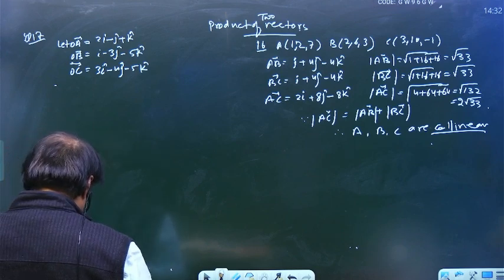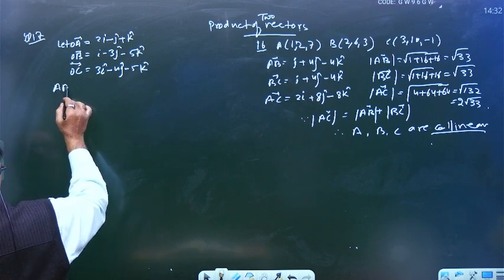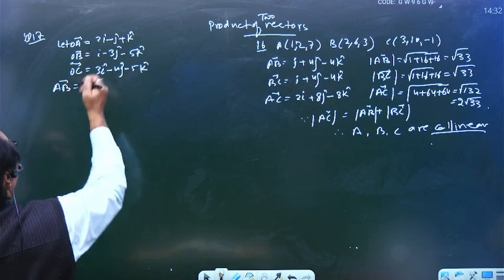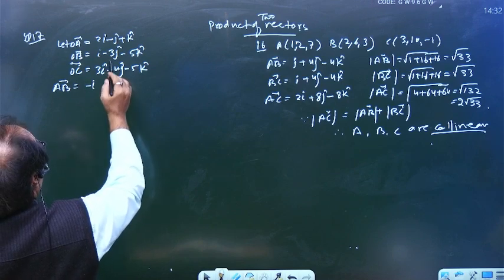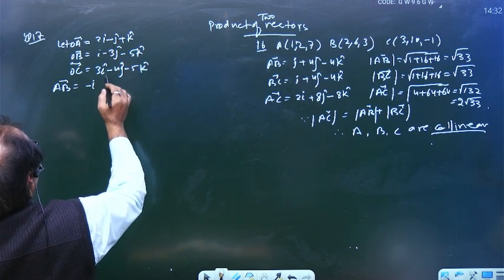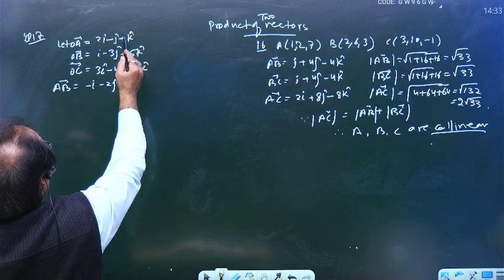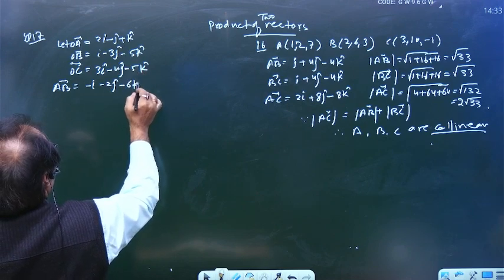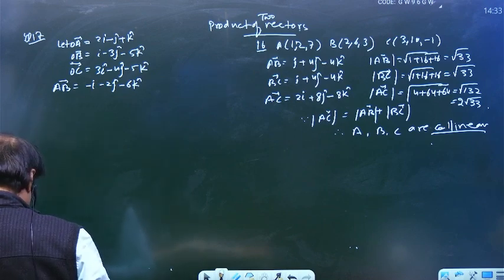So if it is a right angle triangle, then we will find the side AB. AB is B minus A. So 1 minus 2, that is minus i cap, and minus 3 plus 1, that is minus 2 j cap, and minus 5 minus 1, that is minus 6 k cap. Find the magnitude of AB as well.